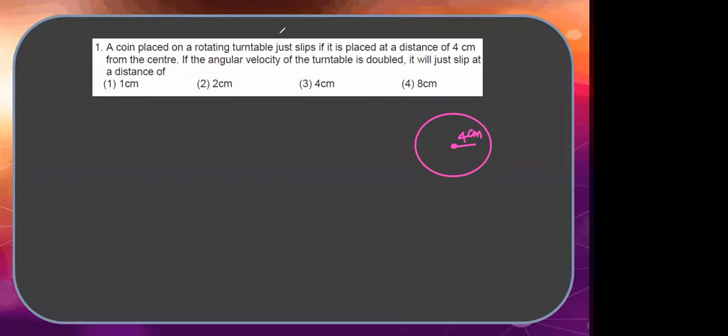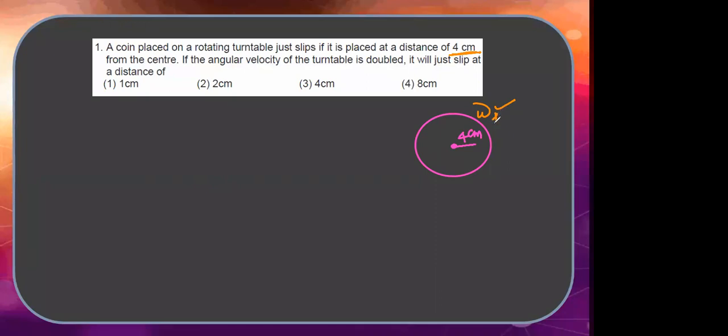Whenever the angular velocity of the turntable is taken as omega, when a coin is placed on the rotating turntable, it just slips if it is placed at a distance of 4 centimeters. And if the angular velocity of the turntable is doubled, what happens?